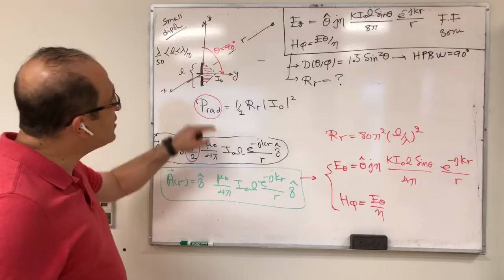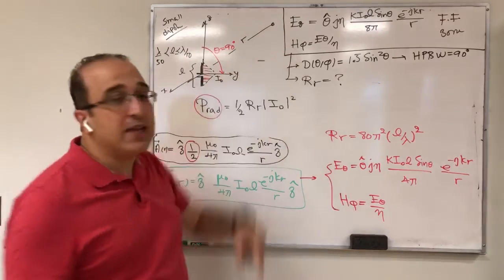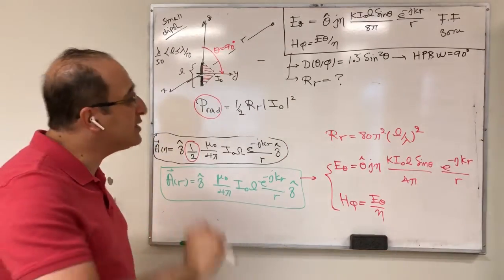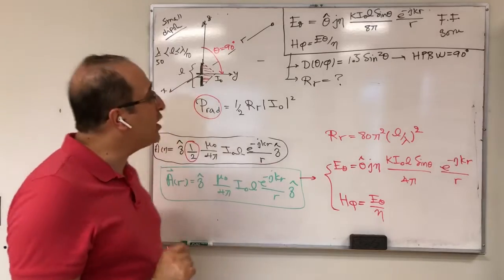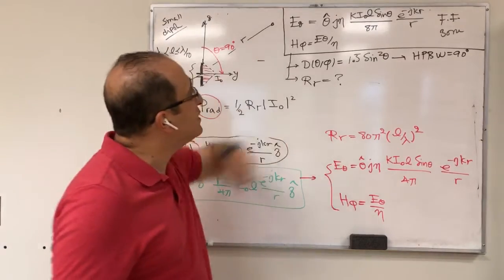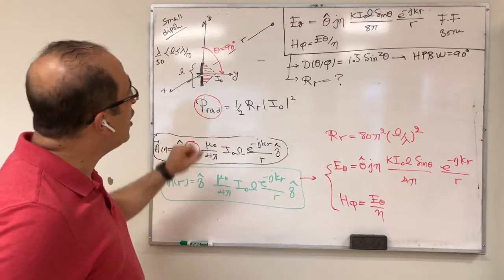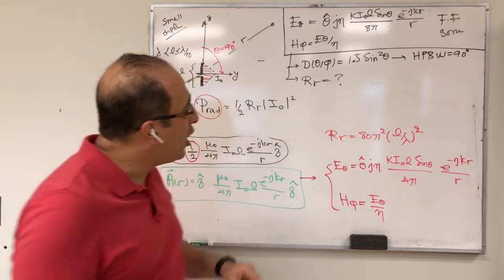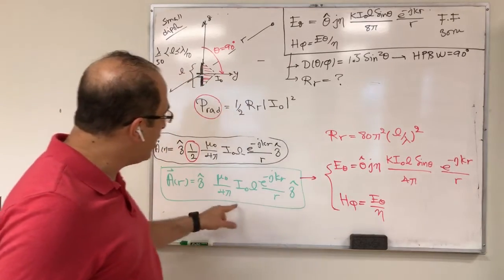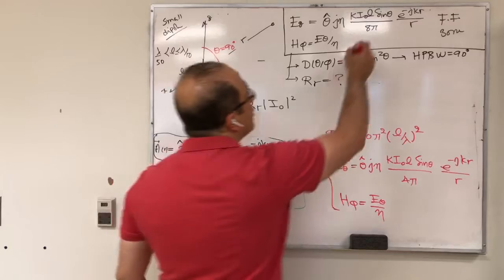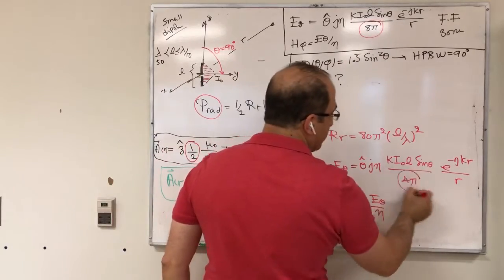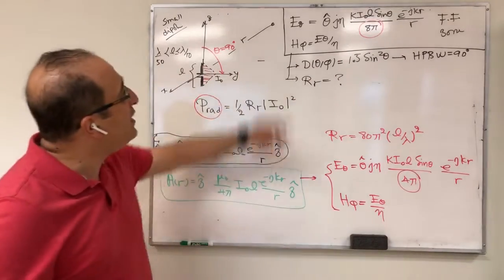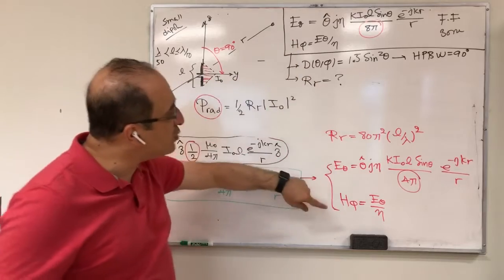But what is the relation between P rad of a small dipole antenna and P rad of the infinitesimal dipole antenna? P rad has to do with E times H, to be precise, E cross H complex conjugate. But remember, for a small dipole antenna, E and H are half of E and H of infinitesimal. Again, look at 8 pi versus 4 pi here. So if E is half of this, H is also half of this.